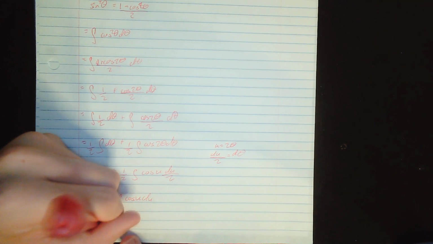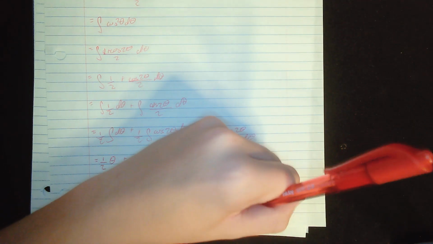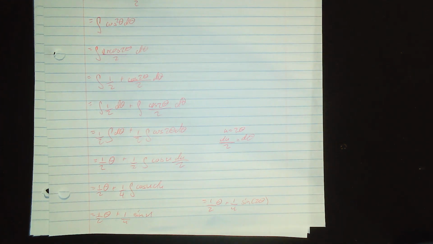We can integrate, so then we have 1/2 theta plus 1/4 sine of u, and then we plug that back in, so our final answer is 1/2 theta plus 1/4 sine of 2 theta. And you can see how we can apply these different identities to help us solve problems.